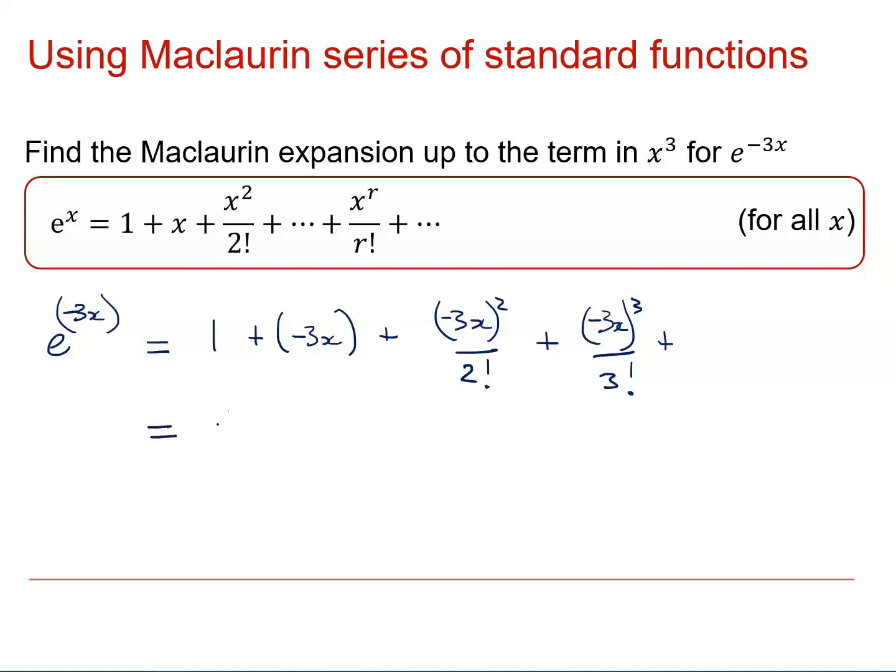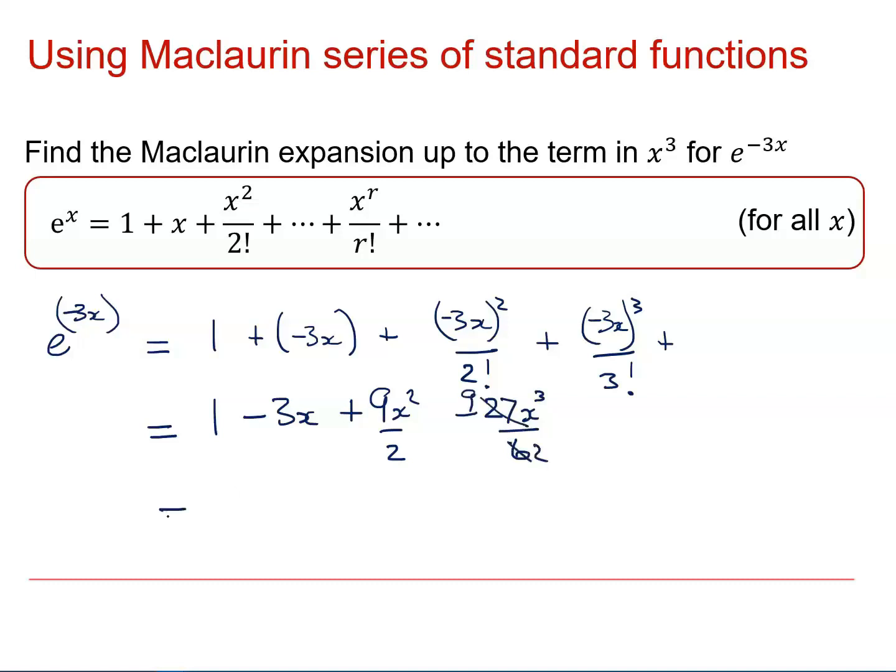So I just need to tidy this up. I'm going to get 1 minus 3x. I'll get plus 9x squared over 2. And then I'll get minus 27x cubed over 6, and this, of course, will just cancel down to 9 over 2.